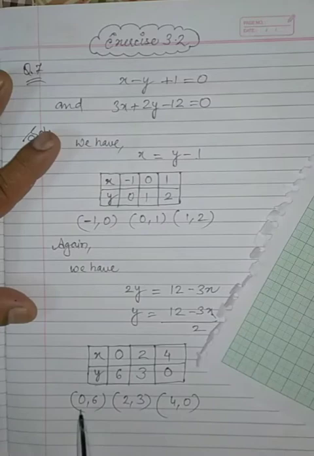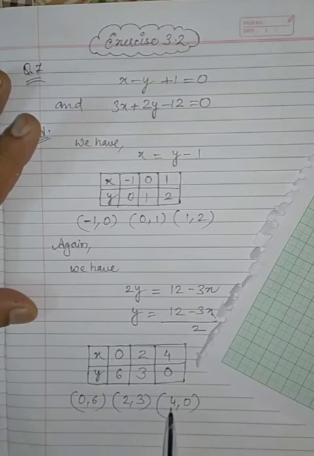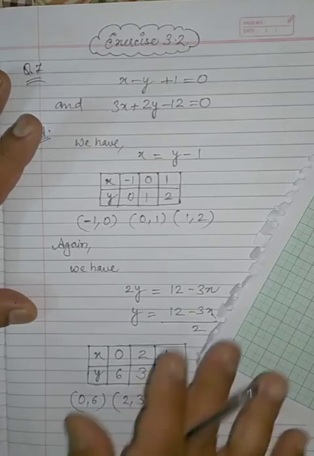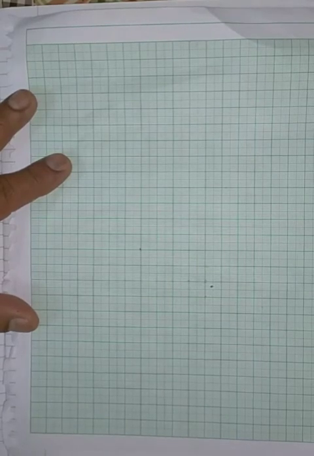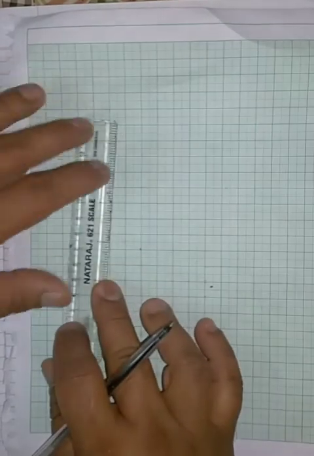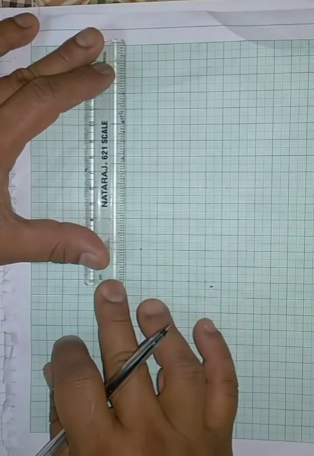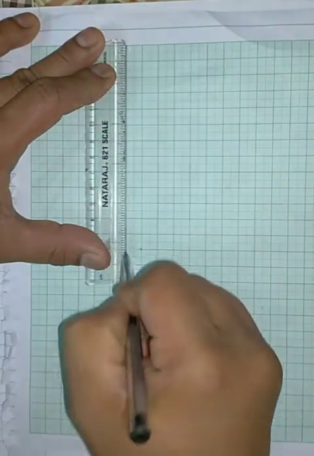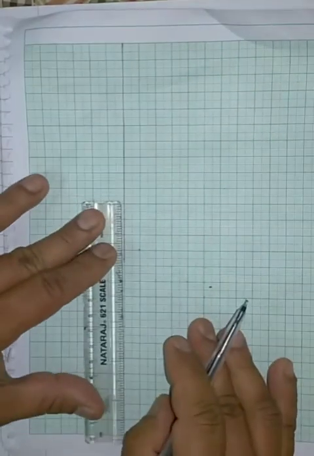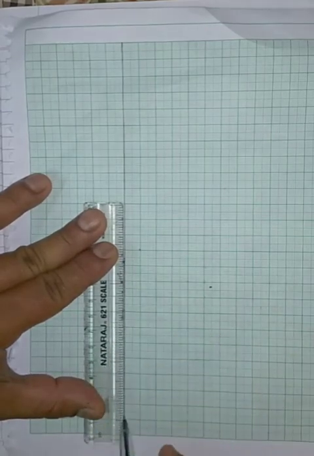Like here you can see y is maximum value 6 and x is maximum value 4. Both are positive. That means the first quadrant we need to take larger. So I am going to use here from this side so that we can use a maximum positive part of the graph, because the negative values are smaller.